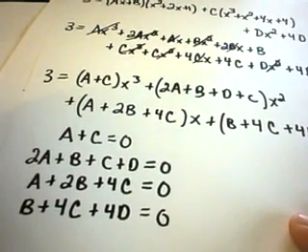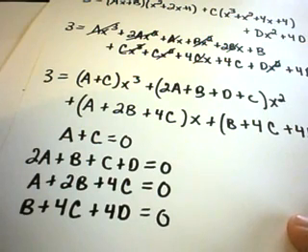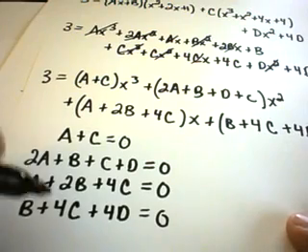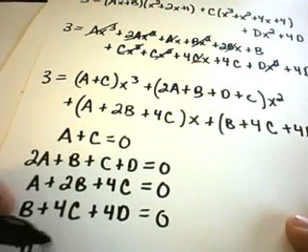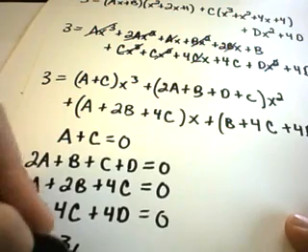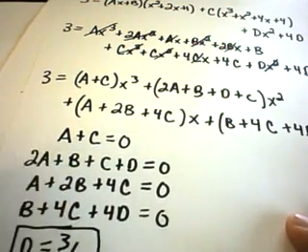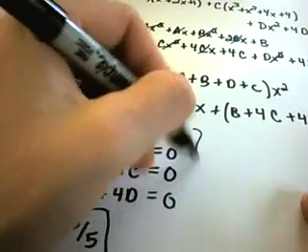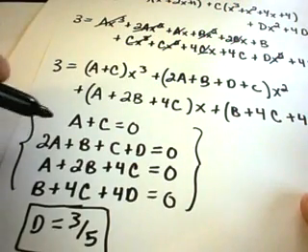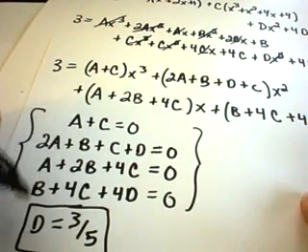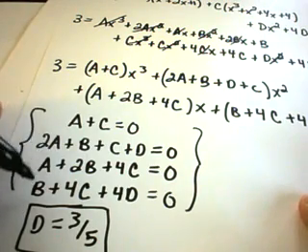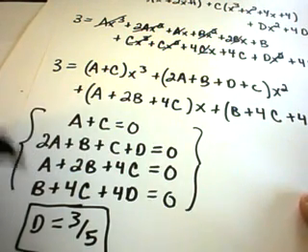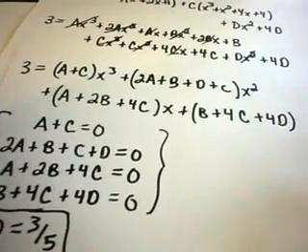Trying to see if I see any magical little shortcuts here that's going to make life tremendously easier, and I don't think there's much that's going to happen here. We could go ahead again and plug in our value that d equals 3/5. We found that from before. So at least that will reduce our system of equations that we have to solve from 4 variables down to, instead of finding the 4 constants, at least now we've got 1 and we'll only have to find 3.